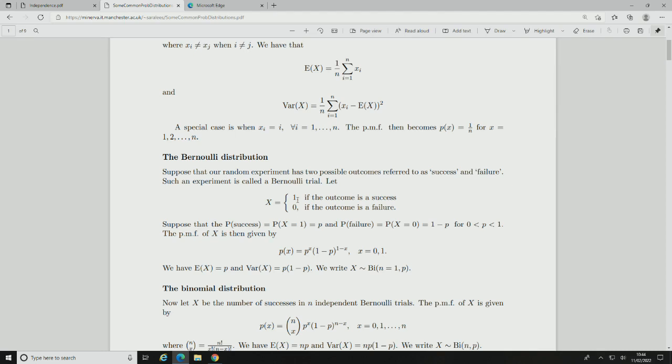Now, using this formula here, we can write this as this, right?